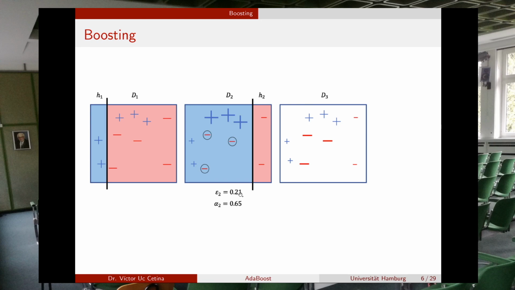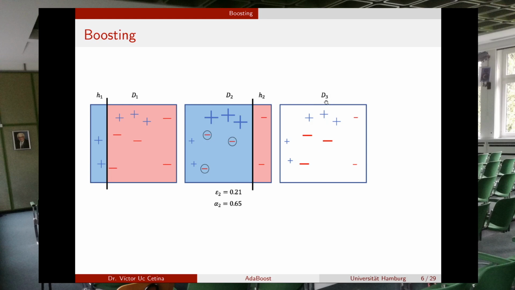Once we have computed the epsilon, we compute the alpha. Later on, we will see the formula for computing the alpha. At this point, just remember that if epsilon is small, alpha is going to be big, and vice versa. So we continue, we update the distribution.